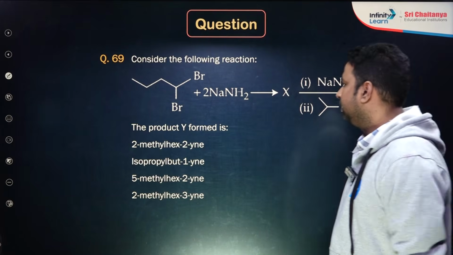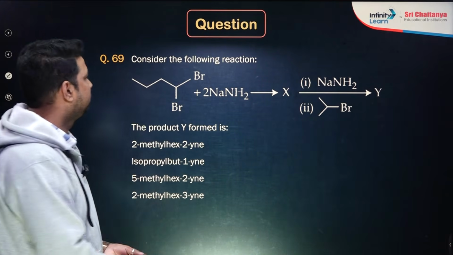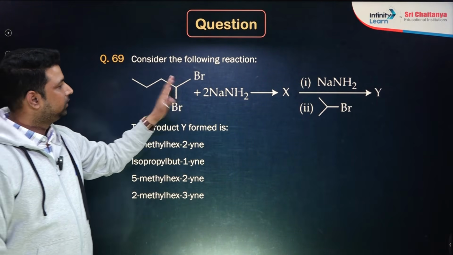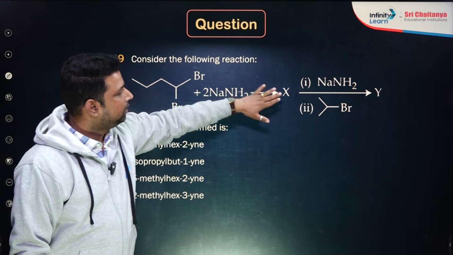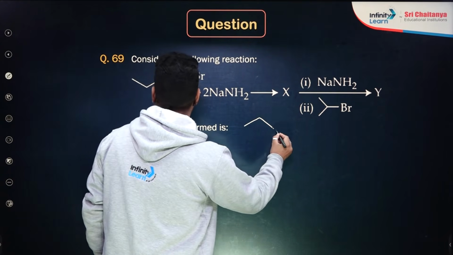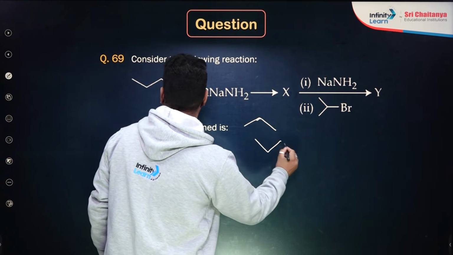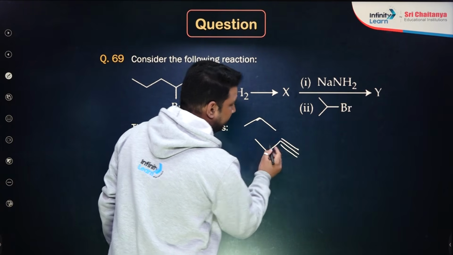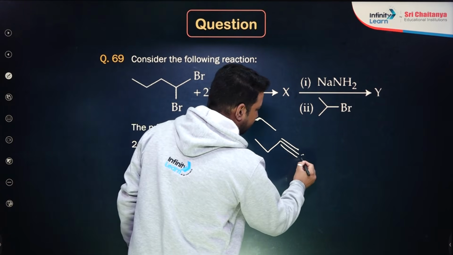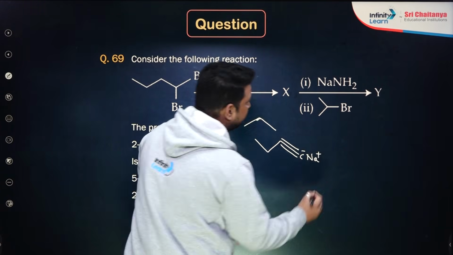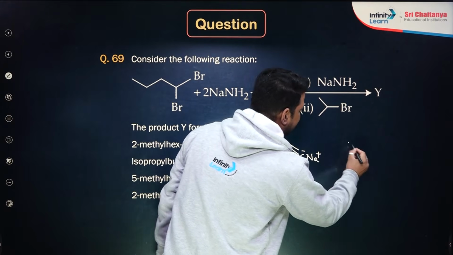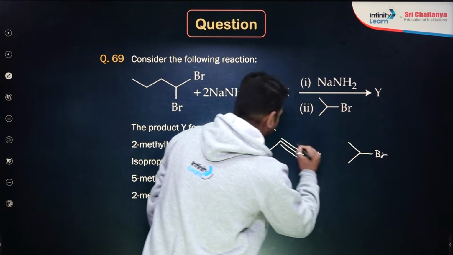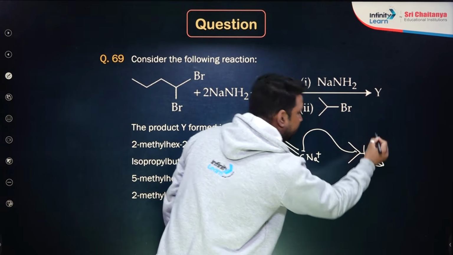Again, same type of reaction. Alkyne will form. It is terminal alkyne. Then carbon negative Na plus first, and then it reacts, Br minus will leave.